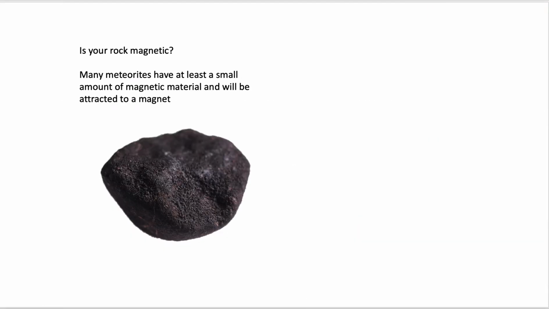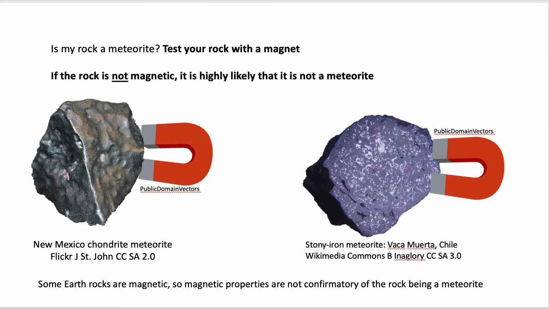Is your rock magnetic? Most meteorites have a small amount of magnetic material and will be attracted to a magnet, or rather the magnet, if it's strong enough, will just hold onto the rock. If the rock is not magnetic, it's highly likely it's not a meteorite.